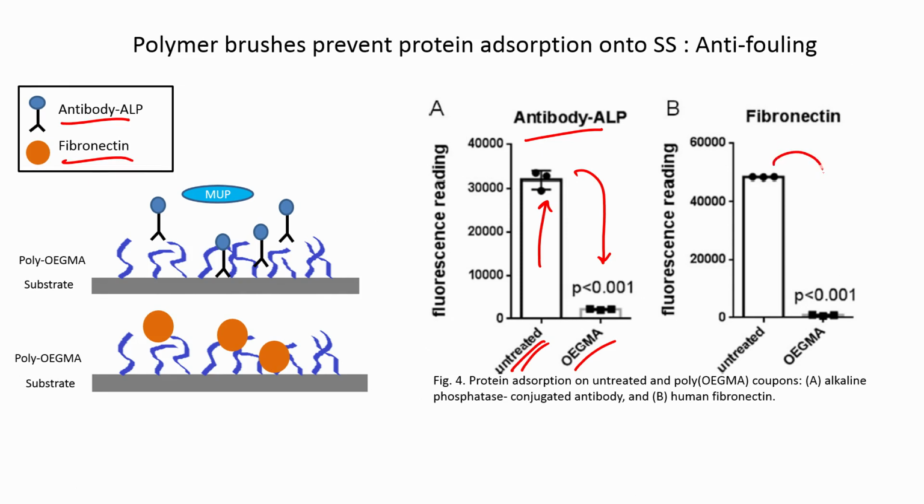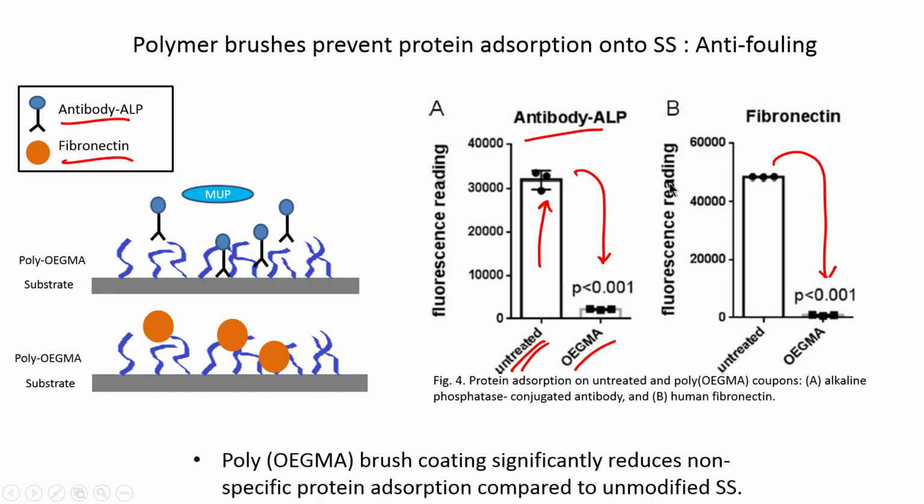They saw almost no adsorption of fibronectin as well. Essentially, the polyoigma brush coating significantly reduces non-specific protein adsorption compared to the unmodified stainless steel.